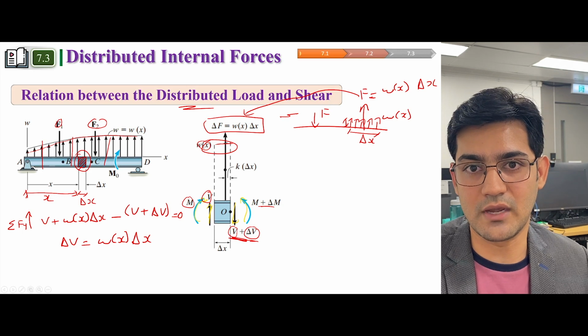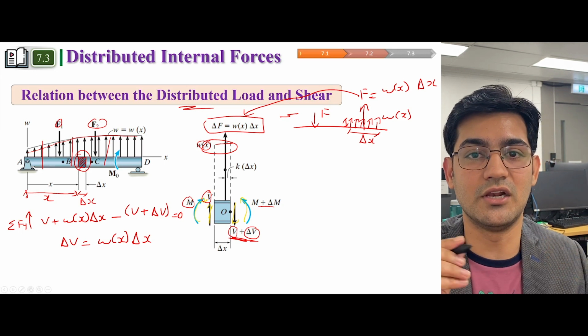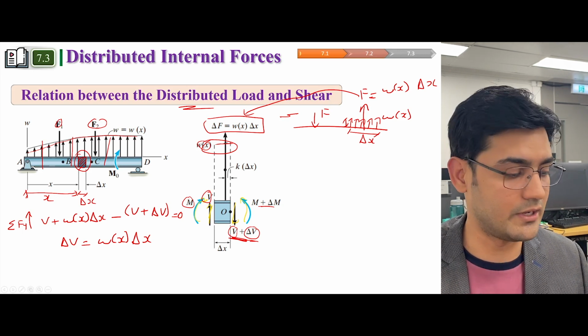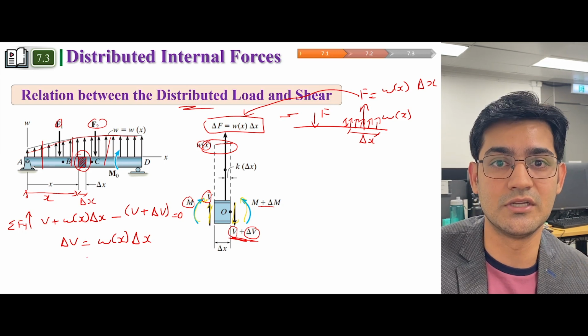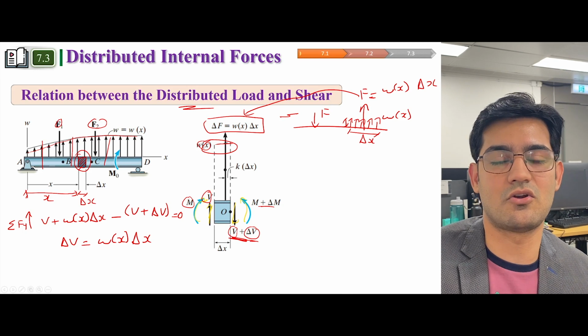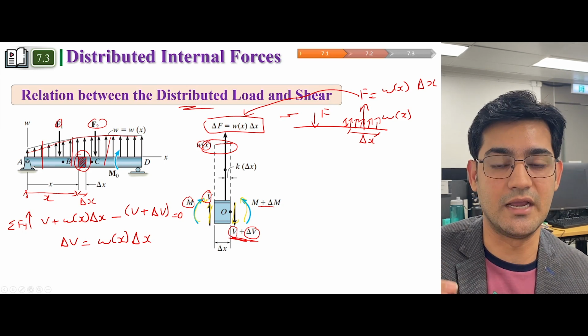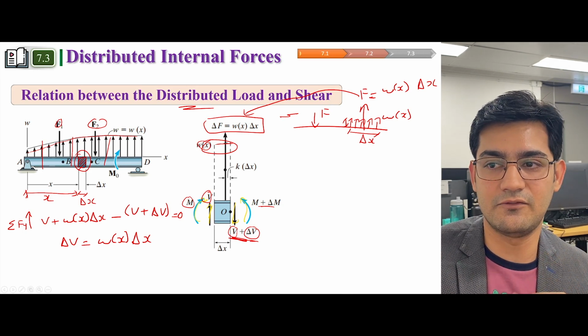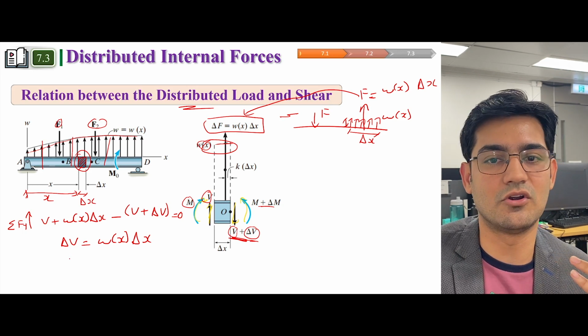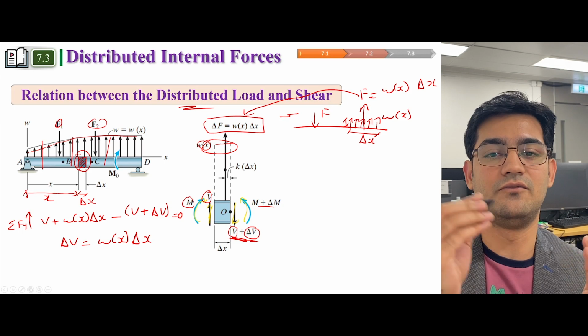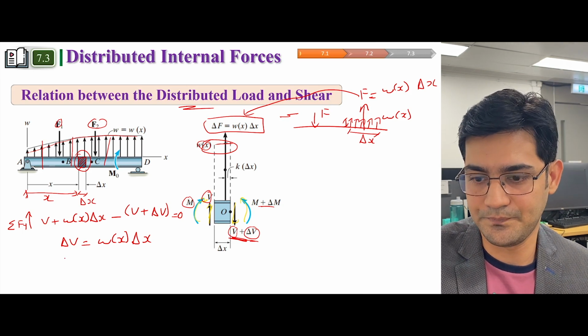What I want to calculate here is the relationship between the distributed load and shear, and explain what it means and how we can use this relationship to directly draw shear force and bending moment diagrams. Ultimately, by the end of this formulation, we should be able to directly draw shear force and bending moment diagrams instead of doing the method of sections.